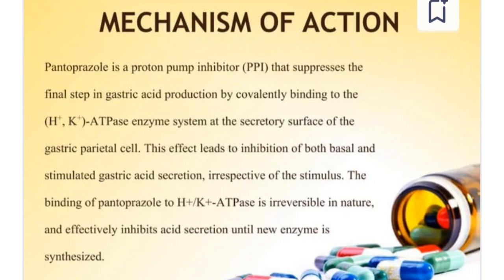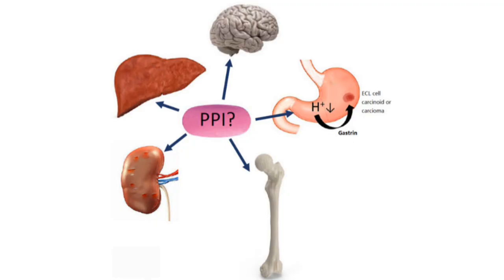And along with pantoprazole, there are other PPIs including omeprazole as well. And again, these PPIs act to inhibit H plus ions or hydrogen ion pumping into the stomach to acidify the stomach, so they lead to a reduction in stomach acidity, which would actually mean that the pH of the stomach rises.